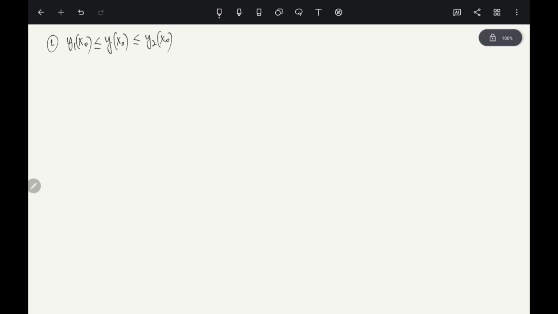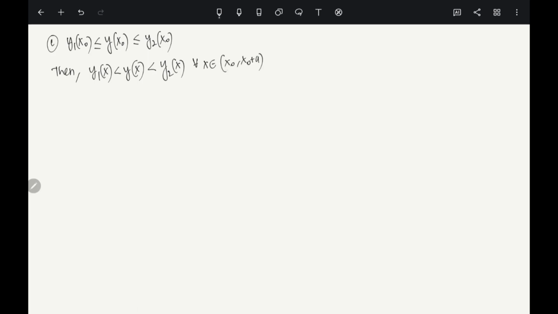Let's just assume this. Then, as earlier, if it is dominated at the initial data, it will be dominated everywhere. So y1 of x is dominated by y of x, which is dominated by y2 of x. This holds for all x in the open interval x naught to x naught plus a.